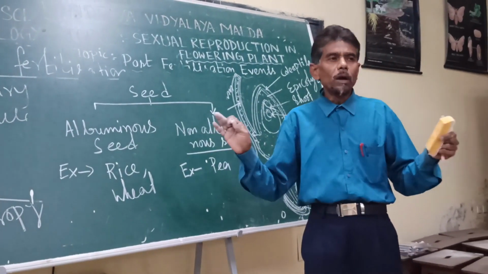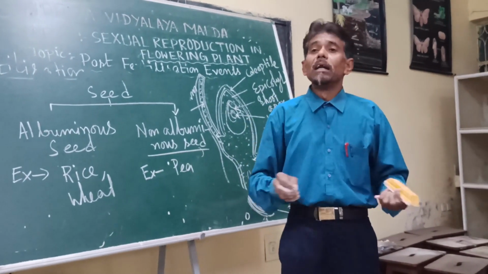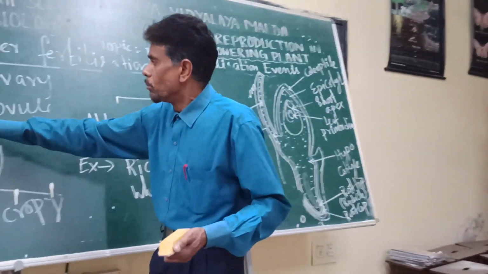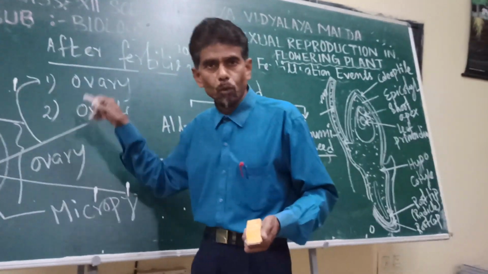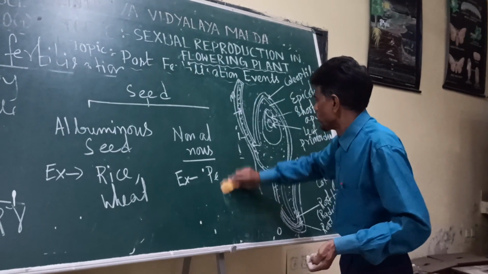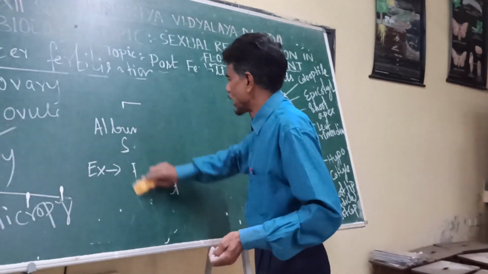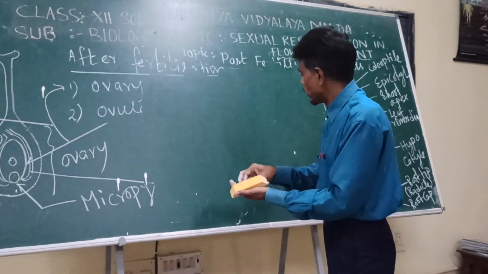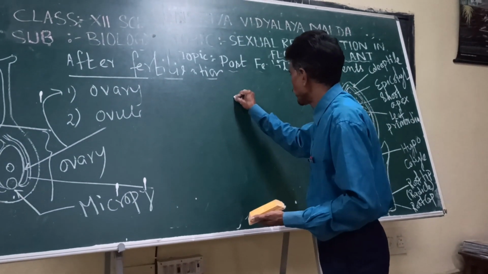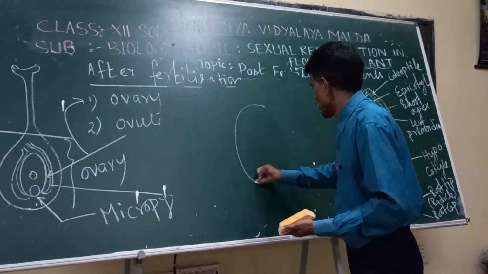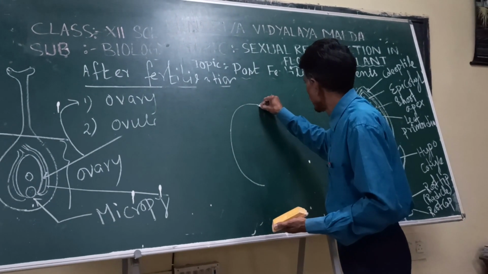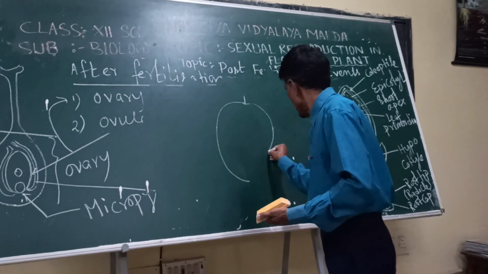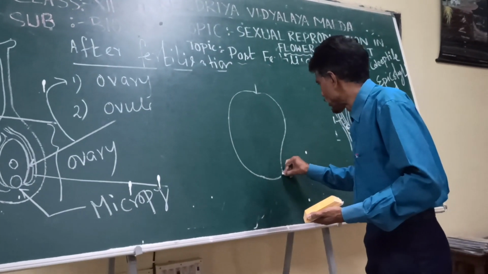So is it clear to you? Albuminous seed, non-albuminous seed. Now, post-fertilization change, as I told you, the ovary changes into fruit. So if I draw a simple fruit, a sectional view, say suppose in case of mango, a sectional view.